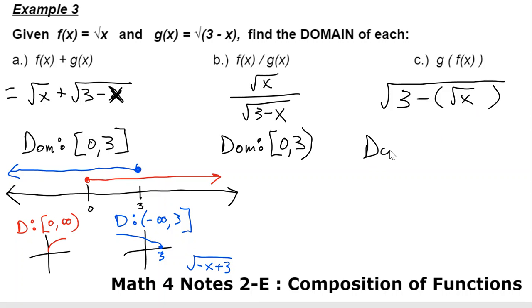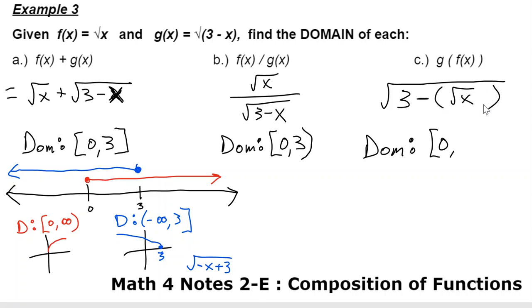So my domain is still going to stop there. But on the positive end, we get into trouble when this whole value gets above 3. If I can say 3 minus 3, I get a 0, and I'm okay with that.